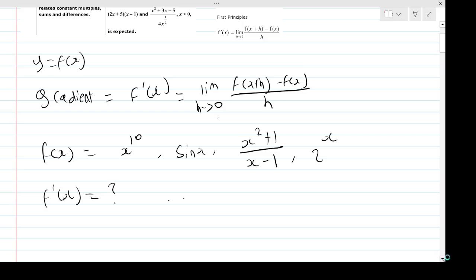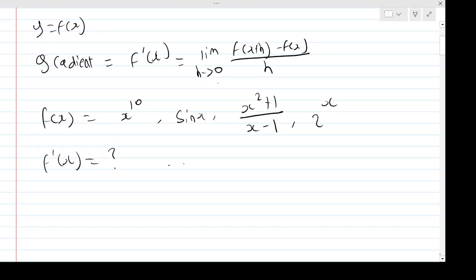So the first class of functions we're going to look at, and the functions you'll look at in AS, is a function of the form x to the power of n, where we have a power of x, okay? The power n of x. So for example, first of all, x to the 10, that's my first example.